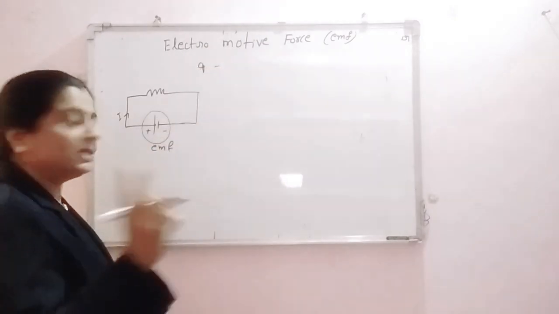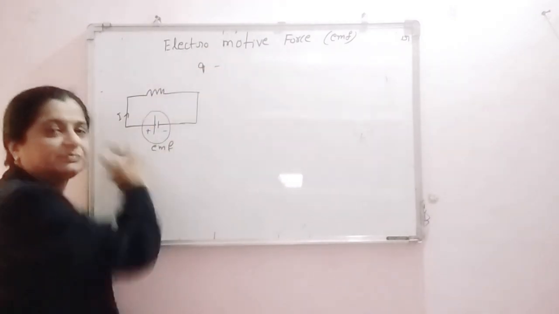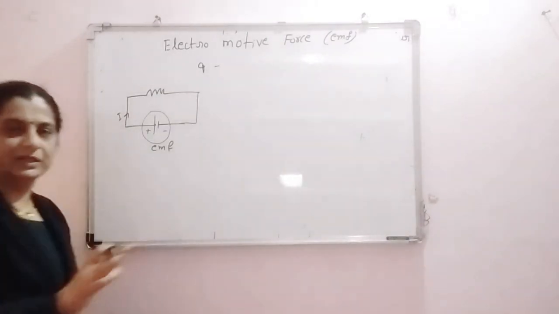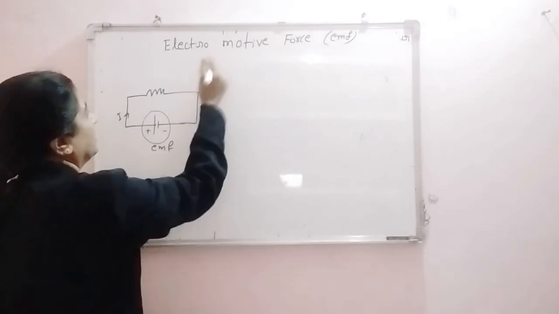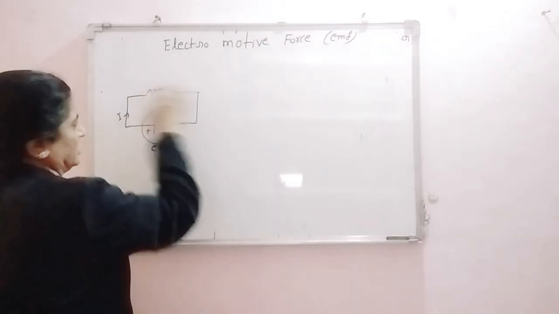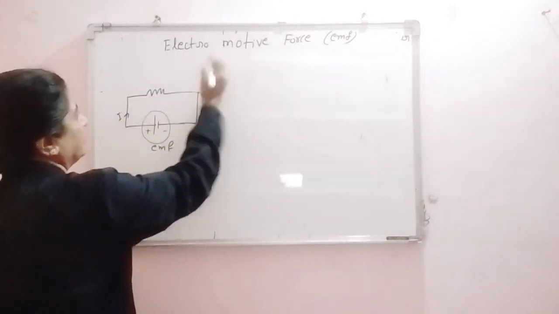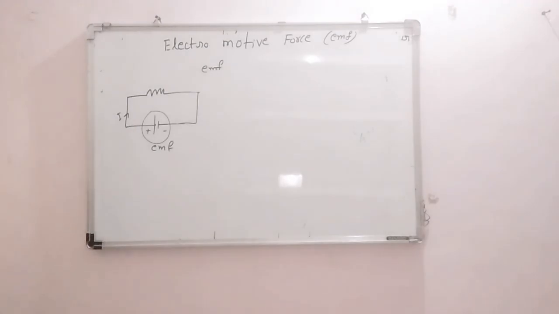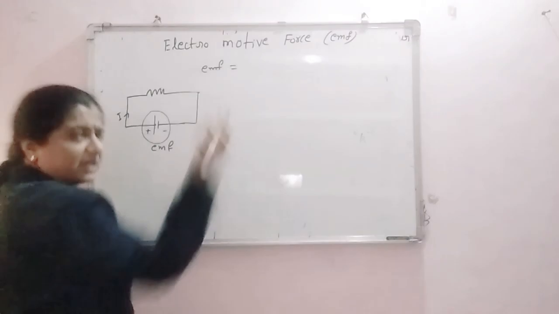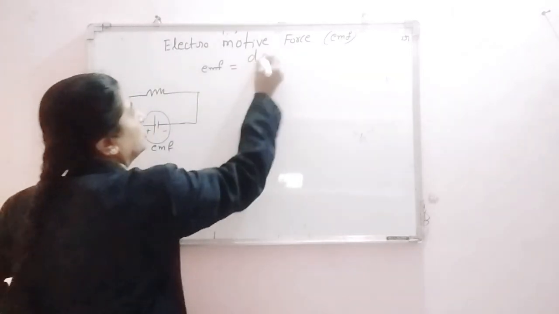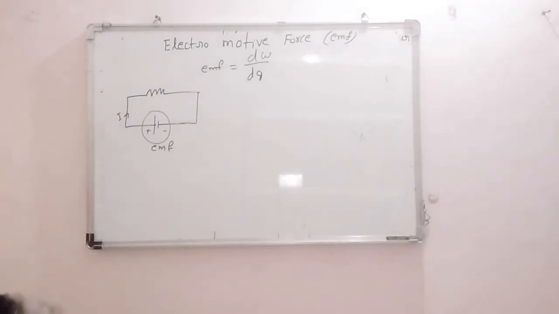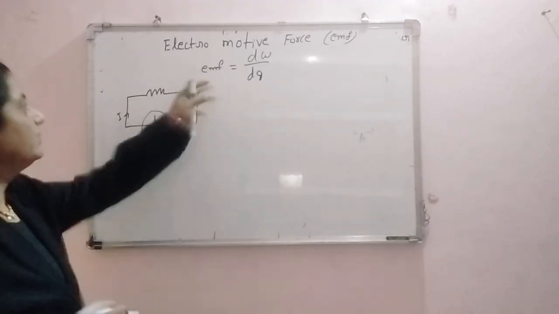If the charge moves in the circuit, through the conductor, then there is work done. So EMF is the work done to move a small charge in the circuit. EMF is equal to dW upon dQ.